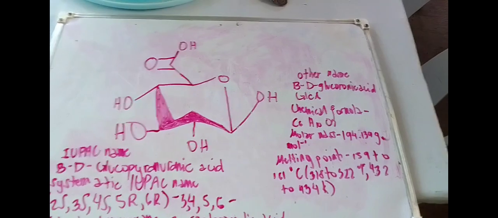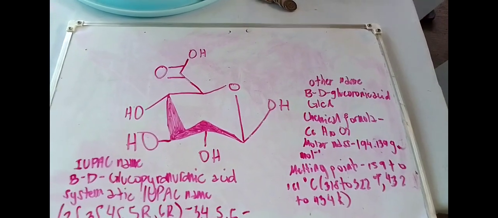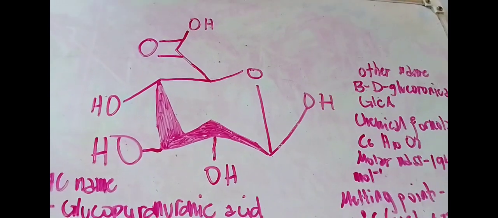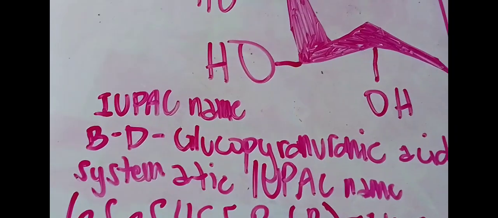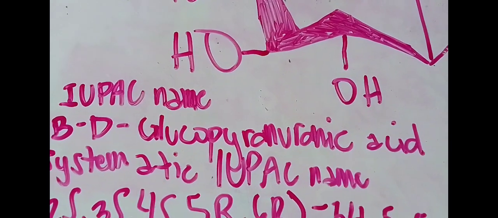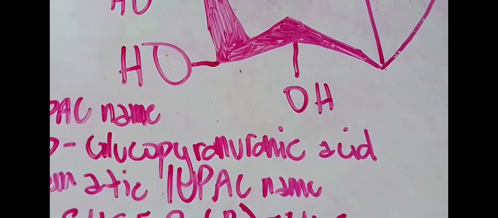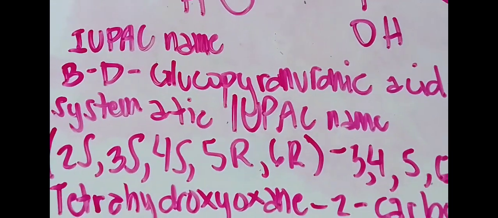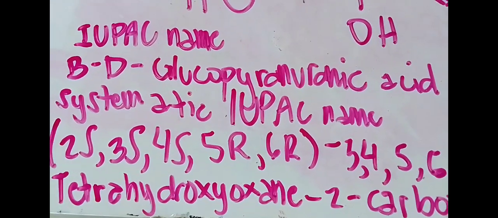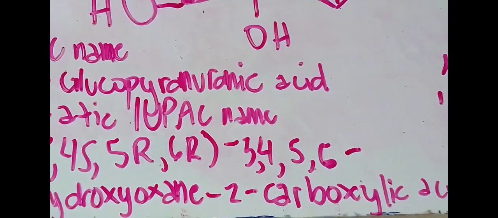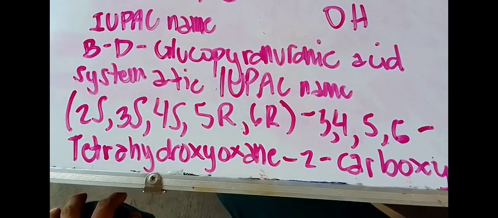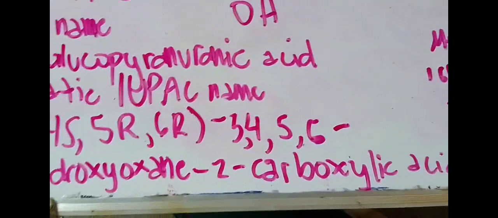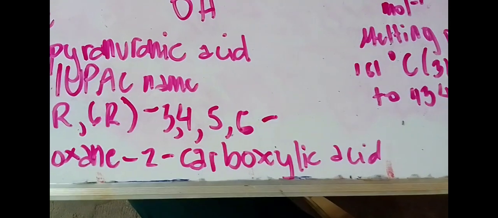So this is the structure of glucuronic acid. IUPAC name β-D-glucopyranuronic acid. Systematic IUPAC name (2S,3S,4S,5R,6R)-3,4,5,6-tetrahydroxyoxane-2-carboxylic acid.